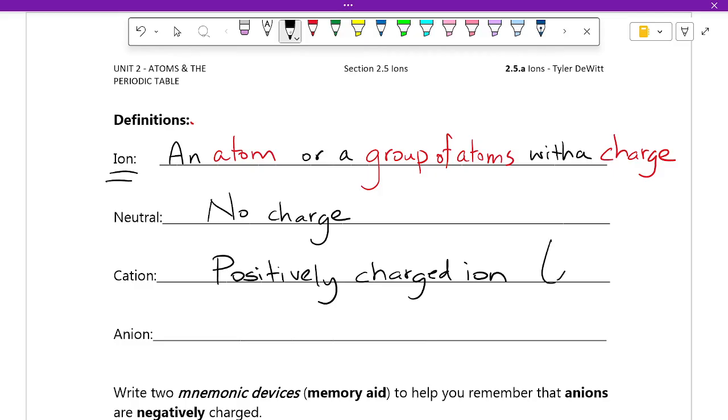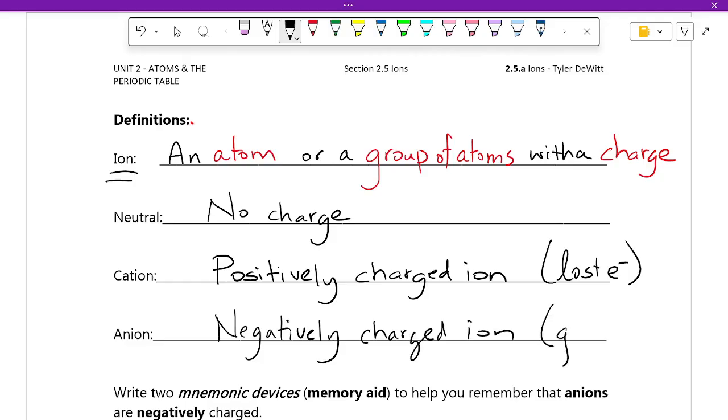It lost electrons. An anion is... You guys need to be faster on the uptake. An anion is a negatively charged ion, and it gained electrons.